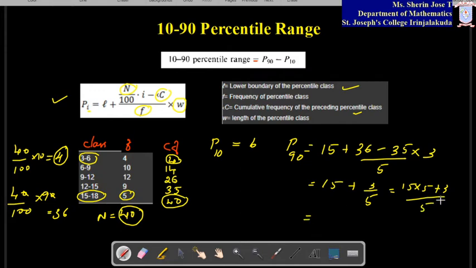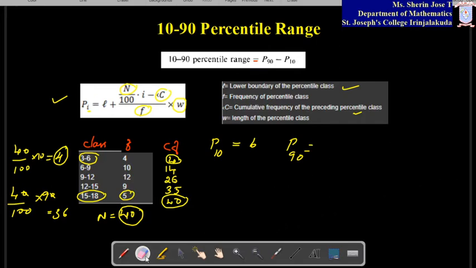So what will come? 75, 78 by 5. Correct? So yeah, this is equal to 78. It will go 5, then 6 times, 5 times 3, 15, 0.6. So you got your P90 as 15.6. So you can write 15.6. So what is your 10 to 90 percentile range?